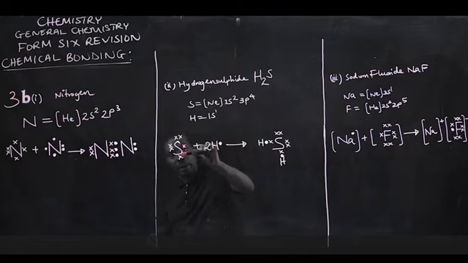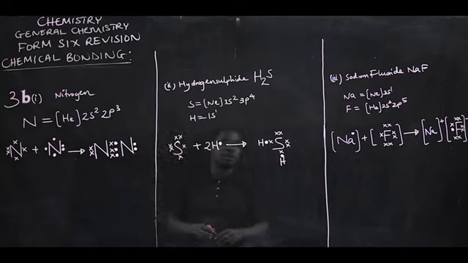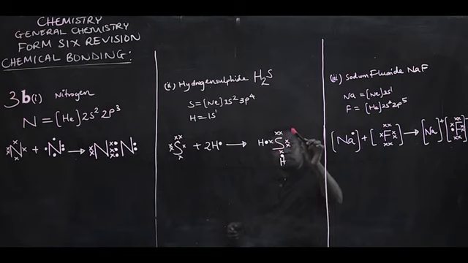Since sulfur has 2 unpaired electrons and hydrogen has only one, sulfur combines with 2 atoms of hydrogen in order for each atom to contribute an equal number of unpaired electrons. So the structure of hydrogen sulfide, a covalent compound, is shown by using the unpaired electrons of sulfur and of hydrogen.